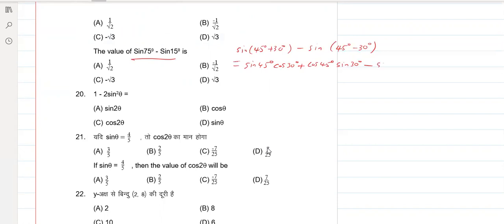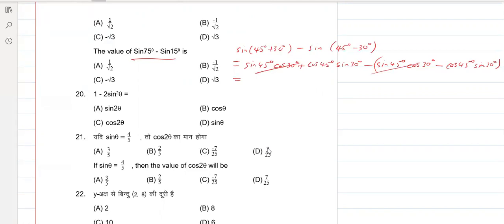Minus sine 45 cos 30. Remember we're supposed to have minus cos 45 sine 30. So what we have is basically this term and that term vanishes.